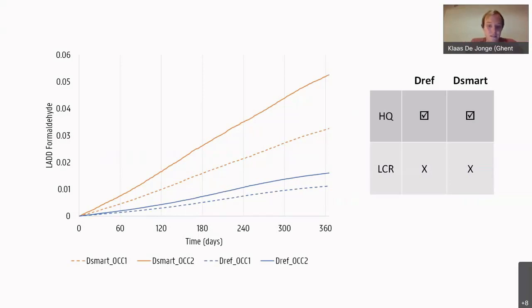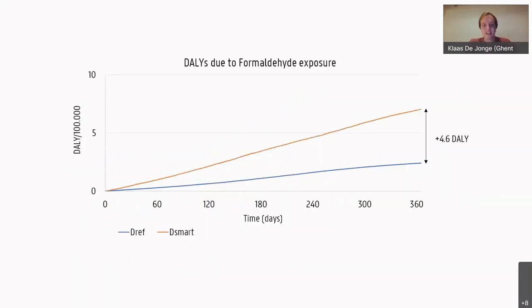It actually fails for the lifetime cancer risk at this point, but the reference systems also fail, which we didn't expect. So we're looking into how to handle this, or whether something is wrong in the assessment, or whether at every concentration level all the houses in Belgium have a lifetime cancer risk concerning formaldehyde, which, well, we hope not, but still.